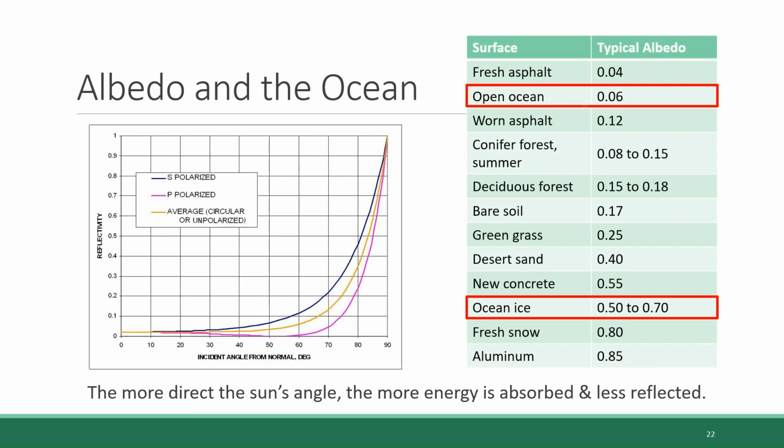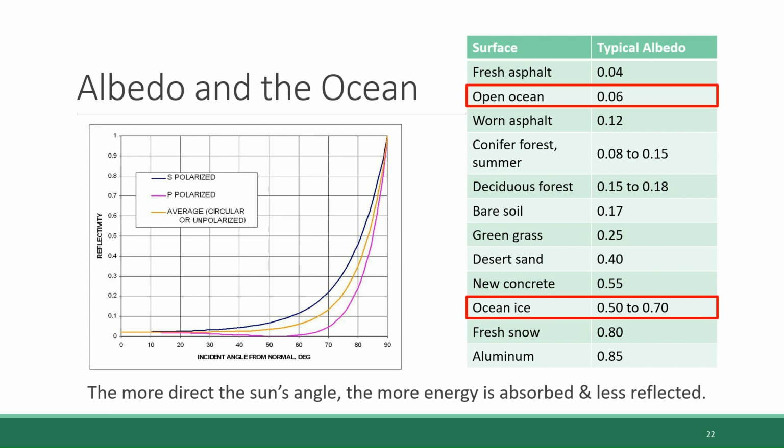Another thing to draw your attention to is the fact that the two states of water that you see in this list, liquid water in the form of open ocean and solid water in the form of ocean ice, have very different albedo levels. In its solid form of ice, water has a much higher reflectivity than in its liquid form.